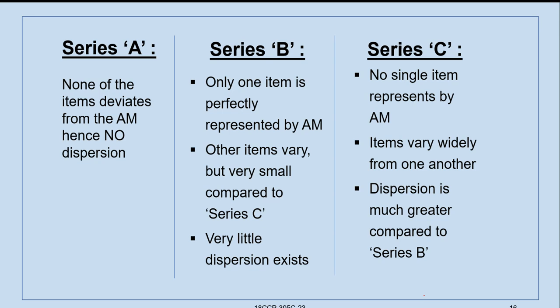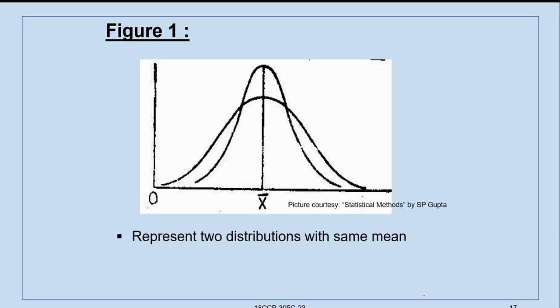Items vary widely from one another. They are widely scattered. Dispersion is much greater compared to series B and A. So a lot of dispersion is there in series C. We have to measure what the dispersion is. Right? So this we will see in the present lesson and the coming lessons.